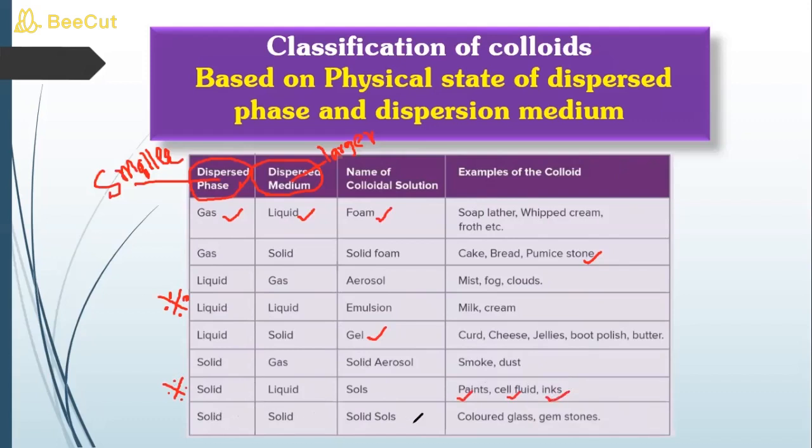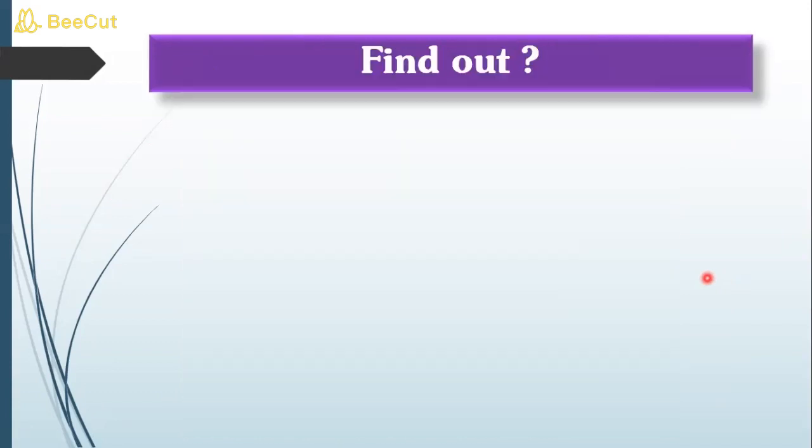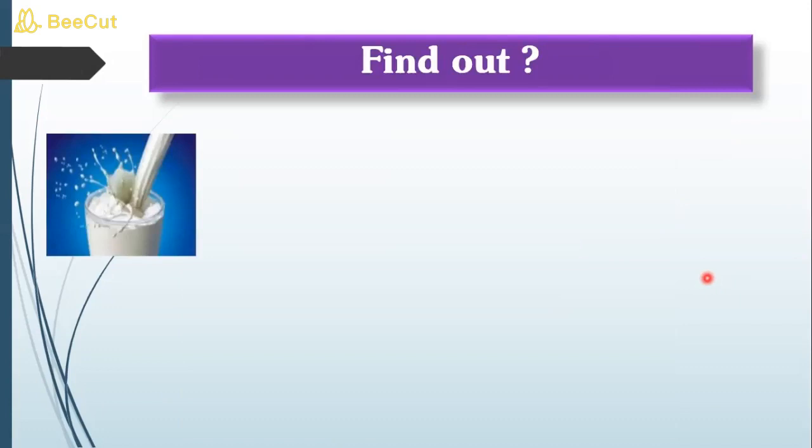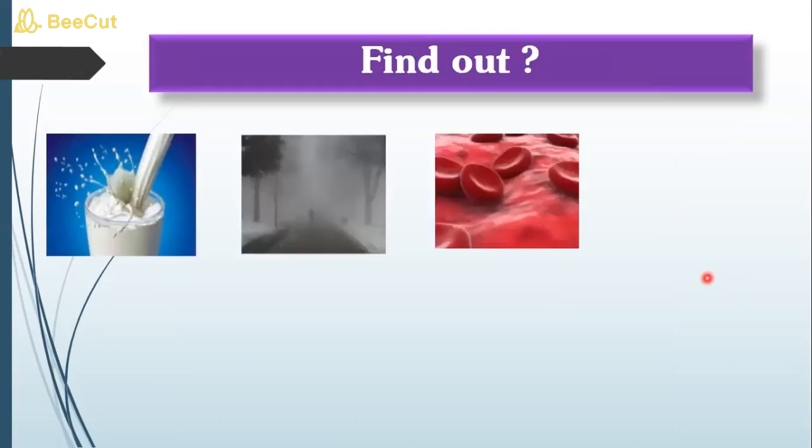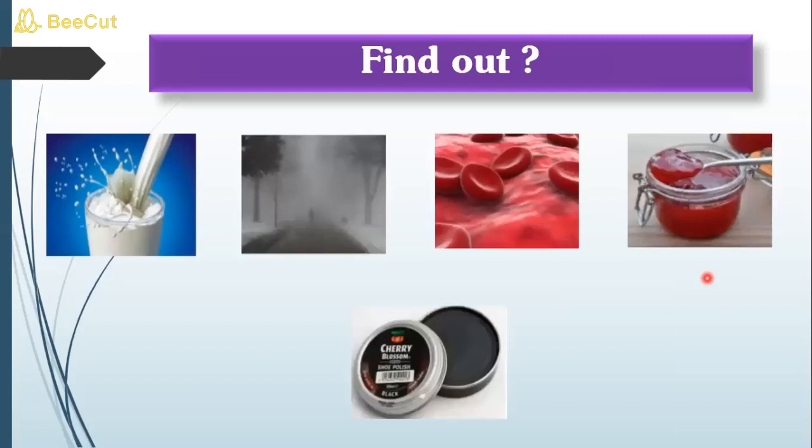Solid in solid is called solid sol. Examples: colored glasses, gemstones. To check our grip on this classification, let us take some examples and analyze which kind of colloid each belongs to. So try it on your own.